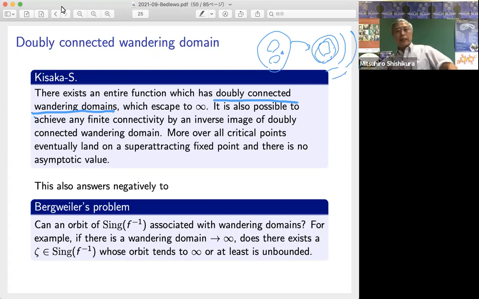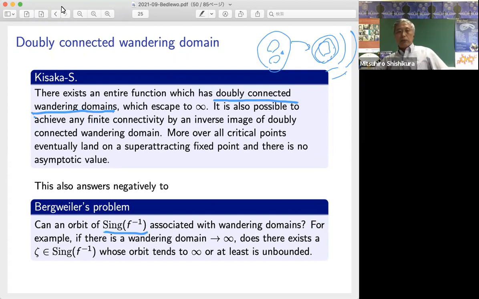And this construction also answers Bergweiler's problem. So Kisaka talked about the inequalities about the Fatou cycles of Fatou components, and the key was to always associate the critical points for the rational case, or in general the singular values for entire functions, or singular points for F inverse.